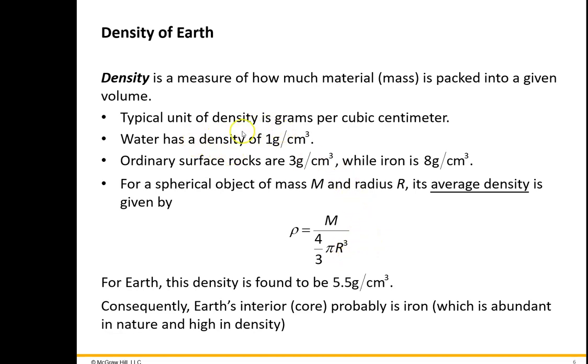The reason that we do it in grams per cubic centimeter is because the density of fresh liquid water, which is different than salt water or frozen water, is 1 gram per cubic centimeter.